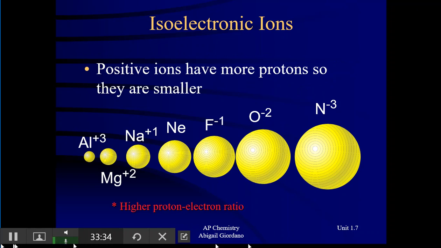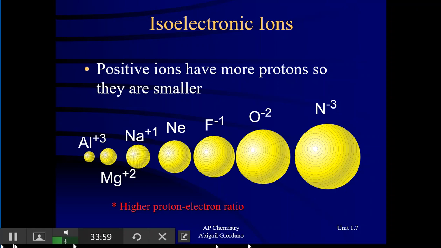Look at them. All of them have 10 electrons. That means all of them have 2 energy levels. So why is the aluminum ion the smallest? Because, ladies and gentlemen, it has the greatest number of protons. It has the greatest proton to electron ratio.